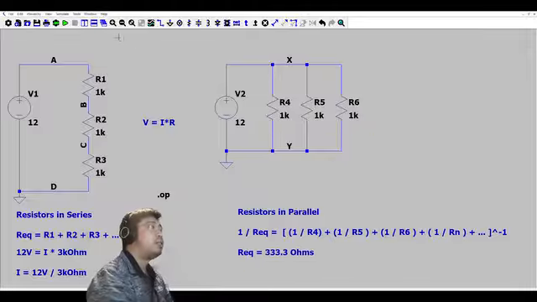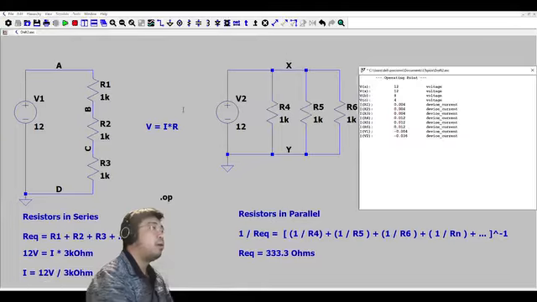And we can check our work again by running the dot op command. Here we have V2, VX is 12 volts.